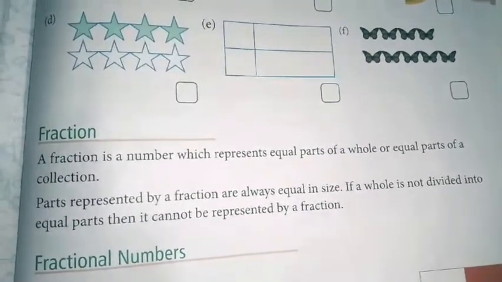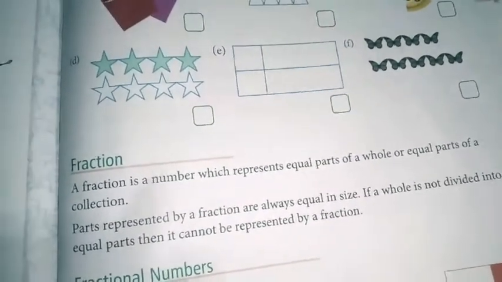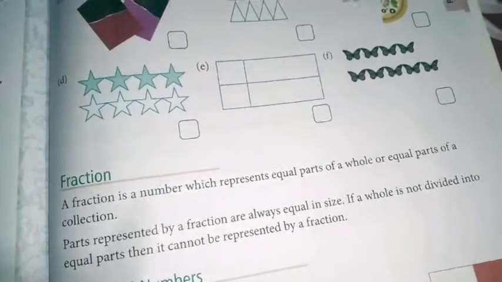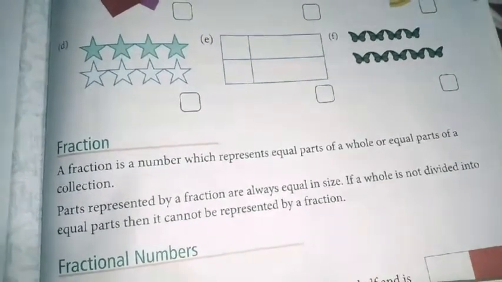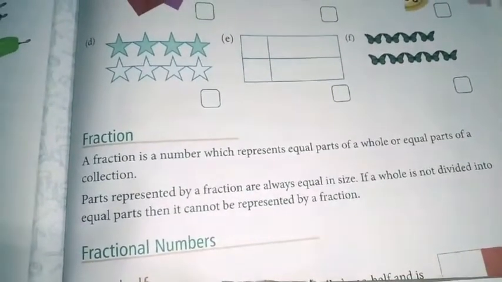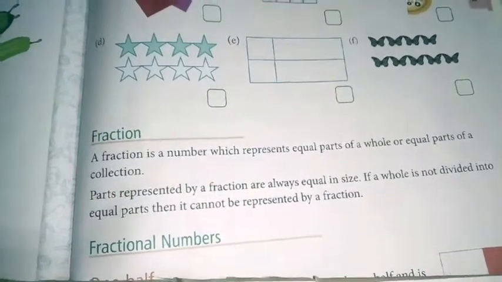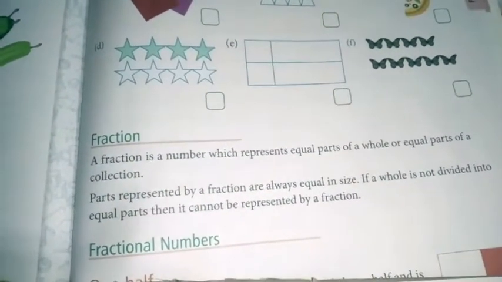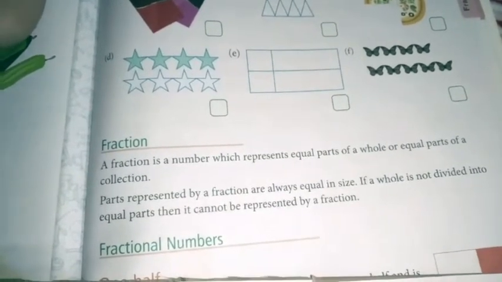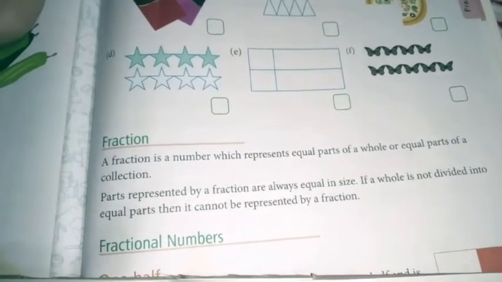Any fraction, if you consider, should have equal parts. Then only you can say that this is a fraction. Parts represented by a fraction are always equal in size. If a whole is not divided into equal parts, then it cannot be represented as a fraction.